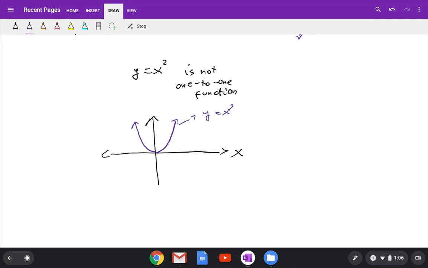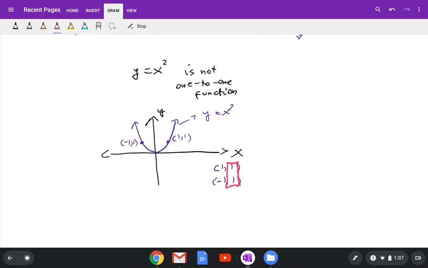Let's talk about two points, 1 comma 1, and the one which is symmetric with respect to the y-axis, negative 1 comma 1. So y equals x squared is definitely a quadratic function, so it's a function, but it's not a one-to-one function, because look what happened. They have the same y coordinate.